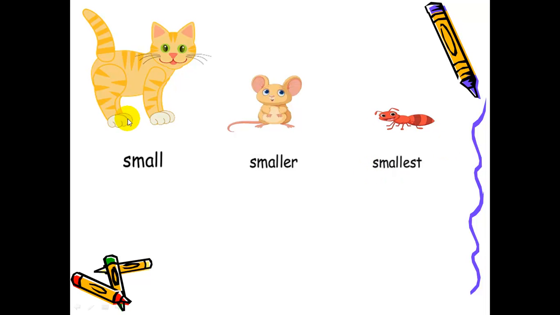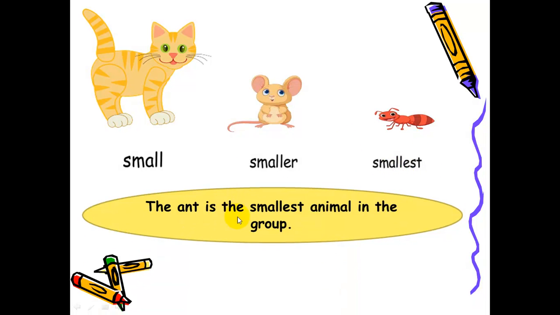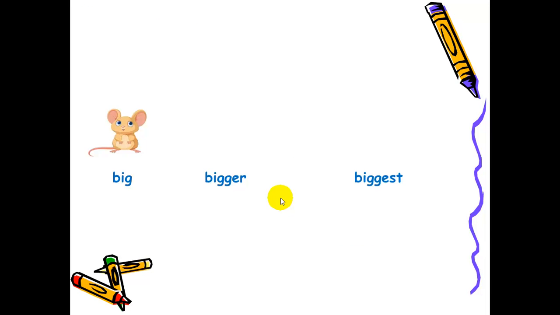No, because I have more than two. I have three. So I'll add est. I say the ant is the smallest animal in the group.